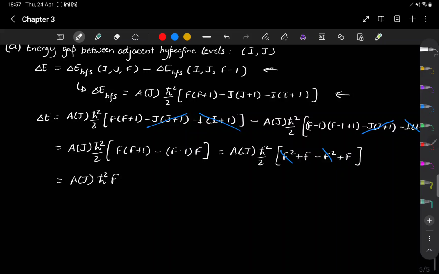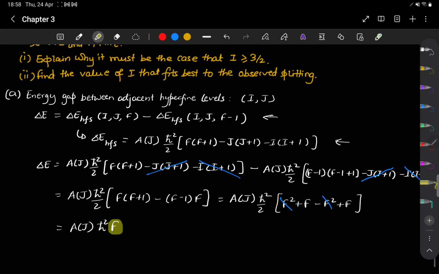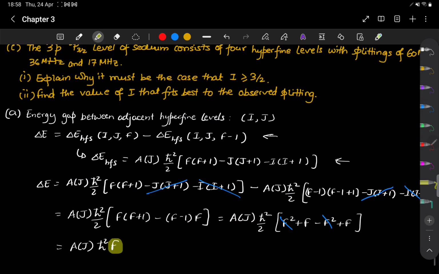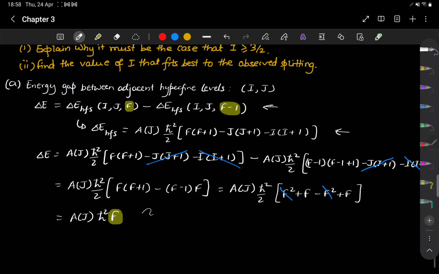So as you can see, because of this term, this energy splitting is proportional to the value of F of the higher level, of the upper level. Remember, we had taken F and the lower level F minus 1 and the energy difference between them. So we have shown that delta E is proportional to F, which is the upper level.